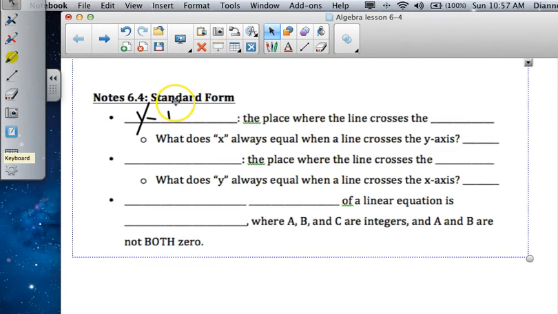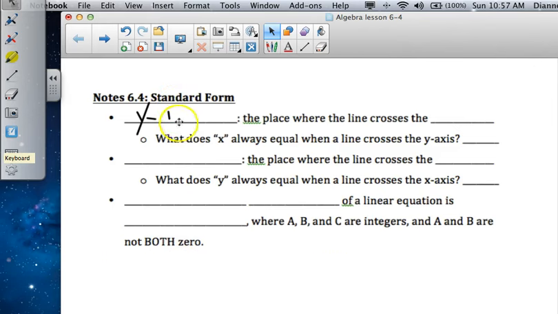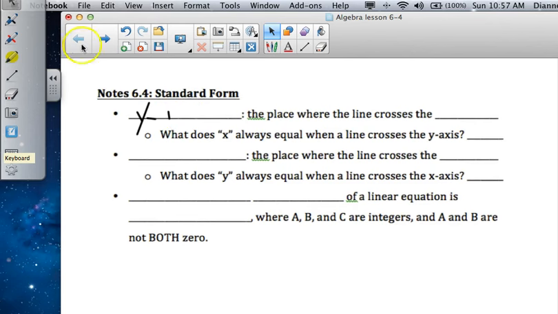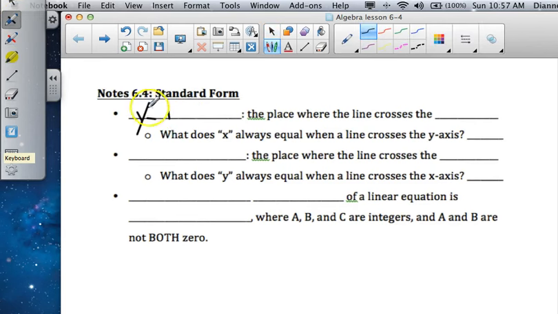Let's go down here. The y-intercept is a place where the line crosses what? The y-axis. You know that from y equals mx plus b, where b is the y-intercept.